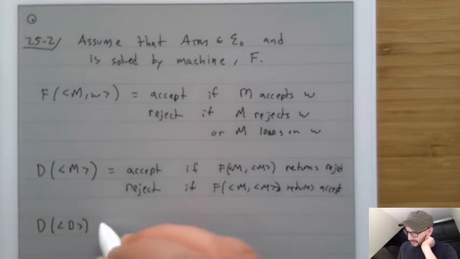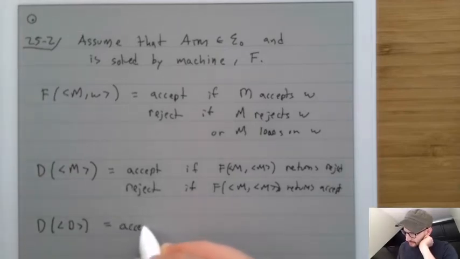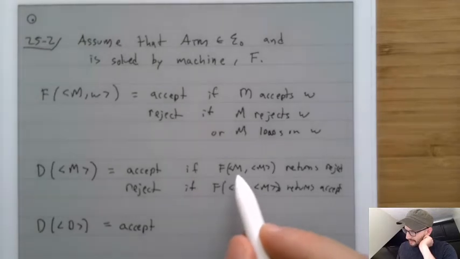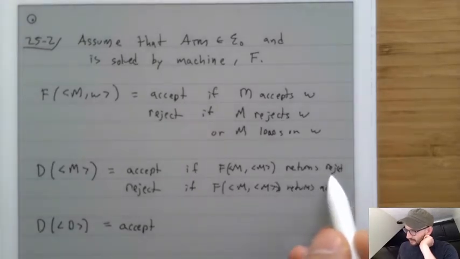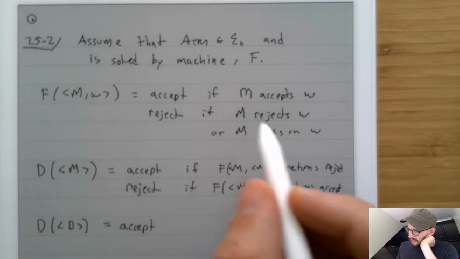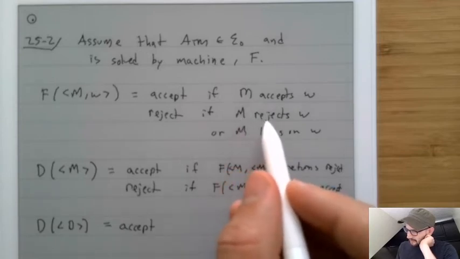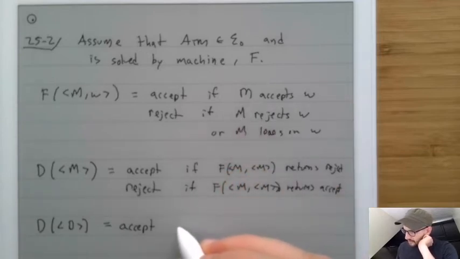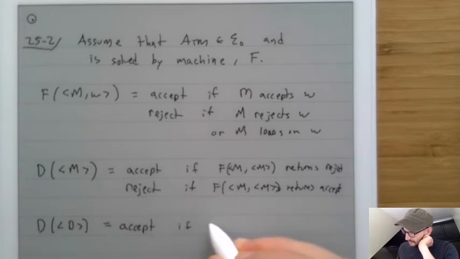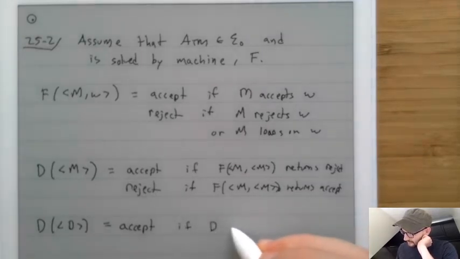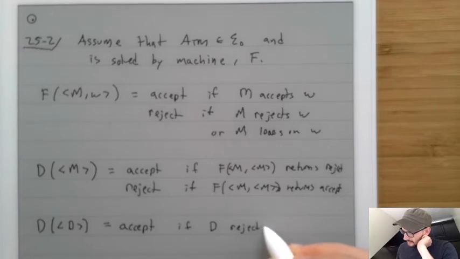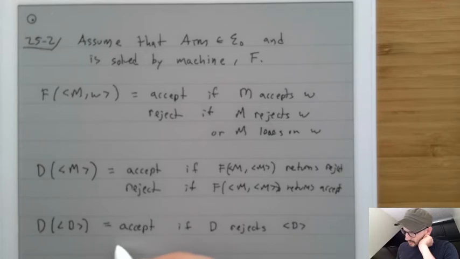Well, you get accept if F of D D returns reject, which you get if D rejects D. So you're going to return accept if D rejects D, and you're going to reject if D accepts D.